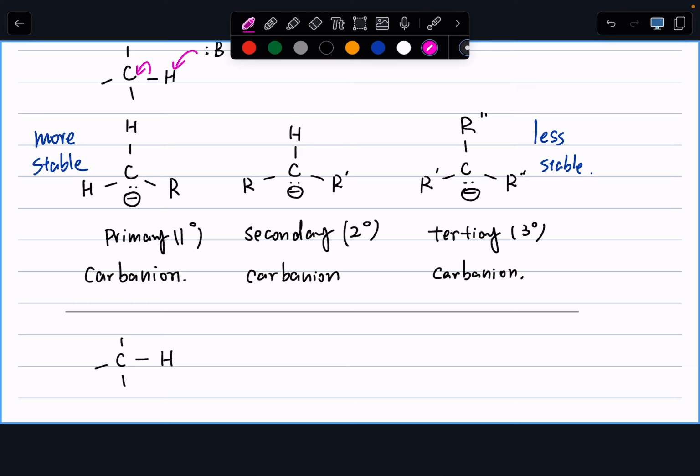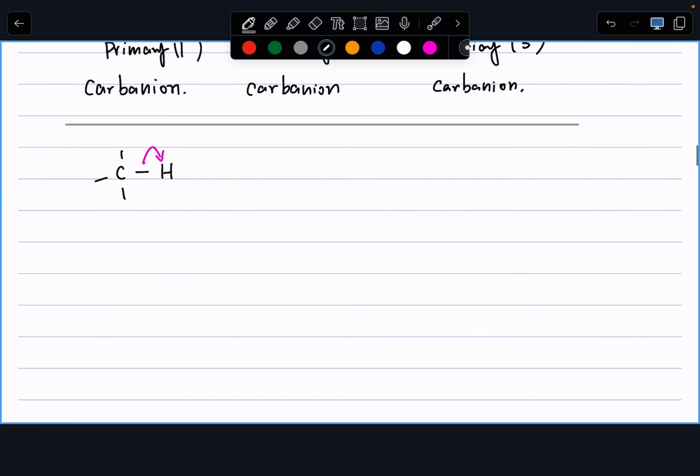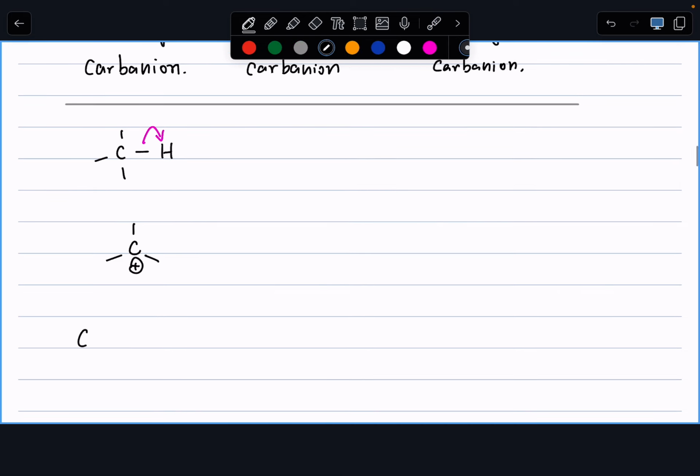And now I'm breaking this CH bond in a different direction. So what we are forming is a carbon that now has a positive charge on it. In this case, we then form a carbocation.